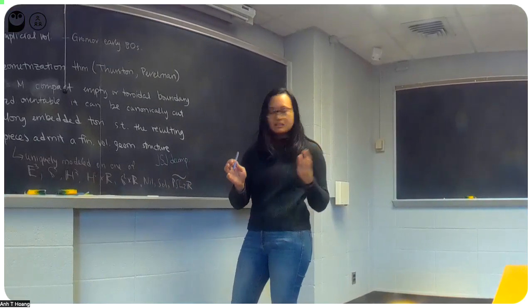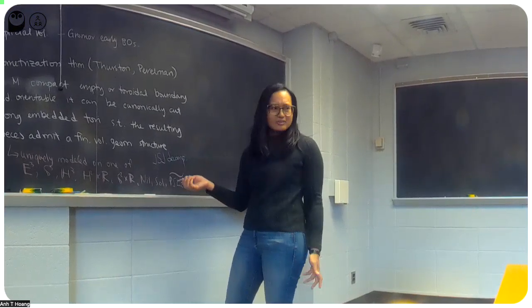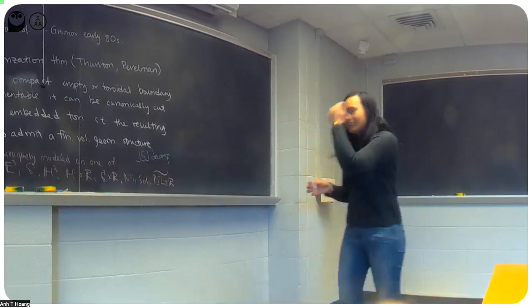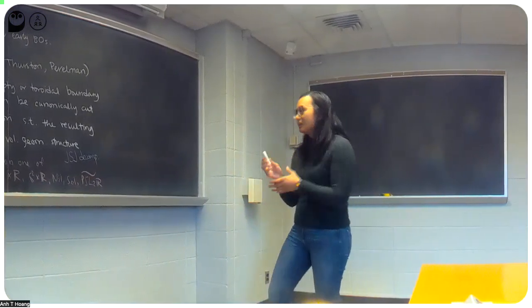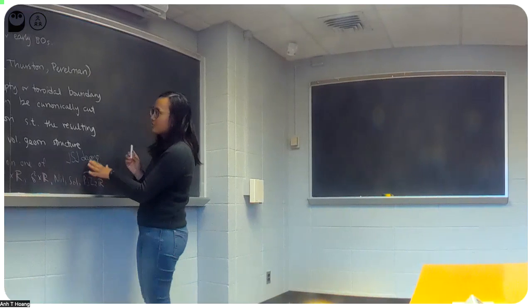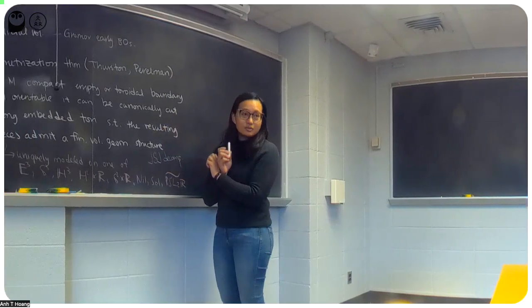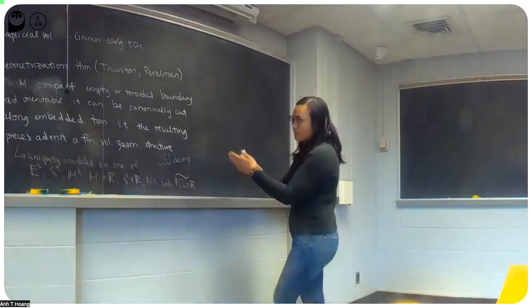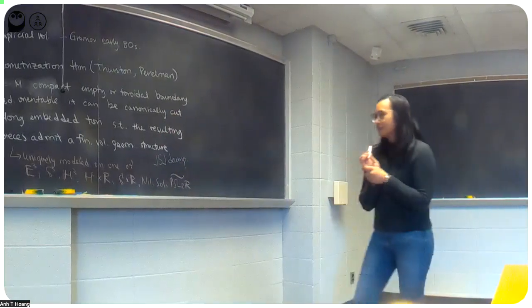That's why it's written like this. But I think JSJ also sounds good, right? Anyways, so this is the JSJ decomposition. Actually, the JSJ decomposition was introduced much earlier than the geometrization theorem, but it turns out to be what you need to cut it into the right pieces.